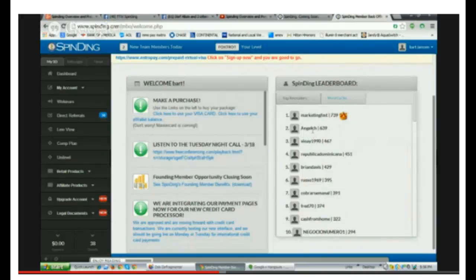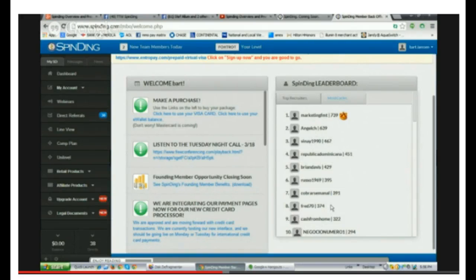Look at Angel here. I'm pretty positive that Angel's the Dominican Republic dude. This guy is killing it. Look at this name, Republic de Dominica. That's another Dominican Republic person, right? So these two people are bringing in this huge team from the Dominican Republic. And then we've got Vinay here. I believe this is the Indian guy, starting the Indian team.